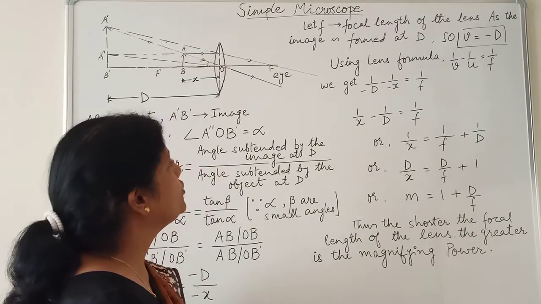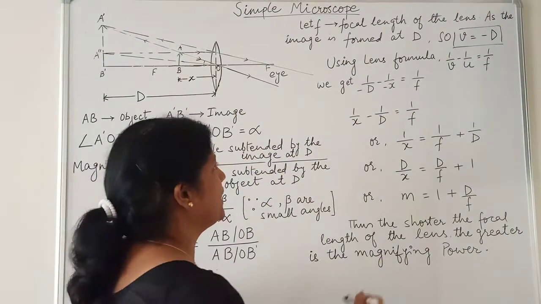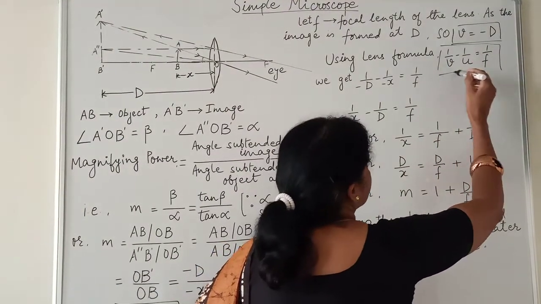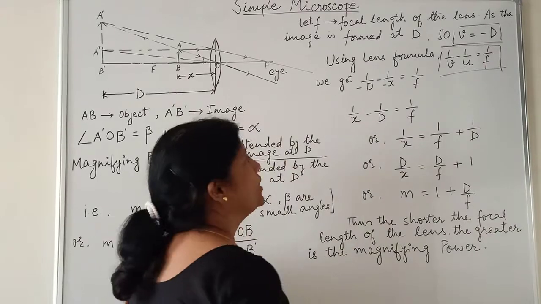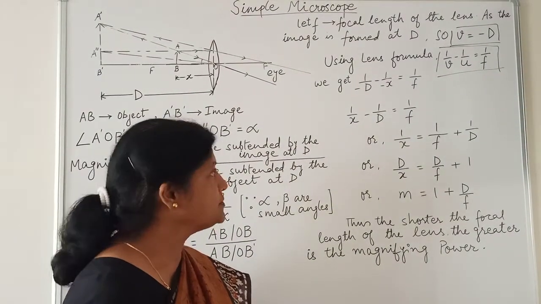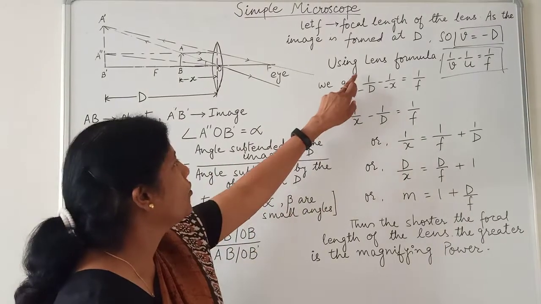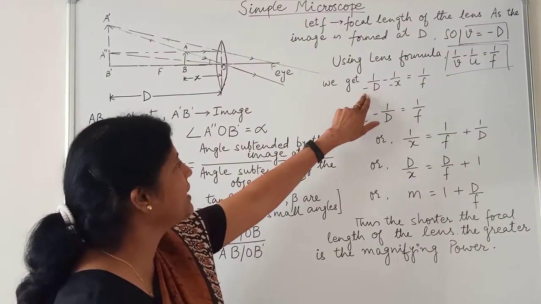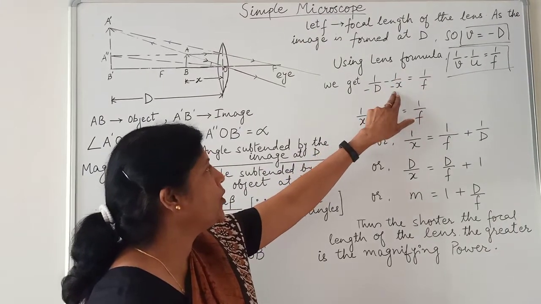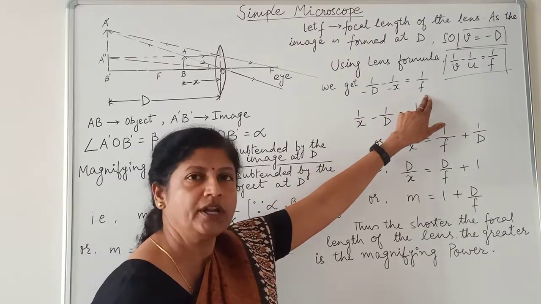Now, the lens formula is 1 upon V minus 1 upon U is equal to 1 upon F. Substituting the values, we can write 1 upon minus D minus 1 upon minus X is equal to 1 upon F.